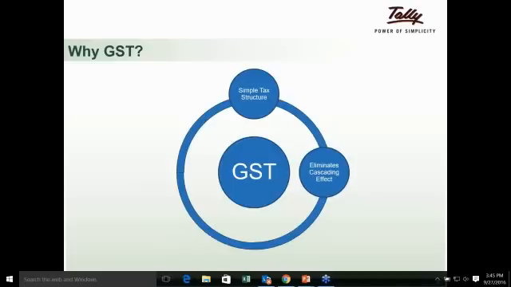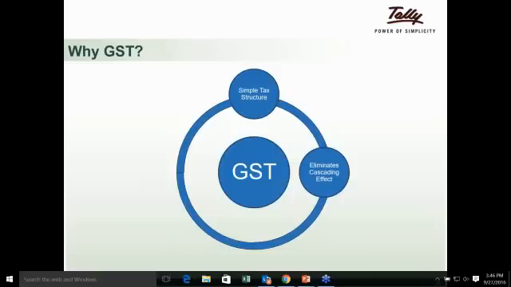Just to understand from a layman's perspective, if you see the manufacturer, once he manufactures the goods, then excise is levied. Now, if a dealer, let's say I am a wholesaler or a retailer, buy from the manufacturer, the excise duty charged by the manufacturer is definitely going to be passed on to the next person in the sale invoice.